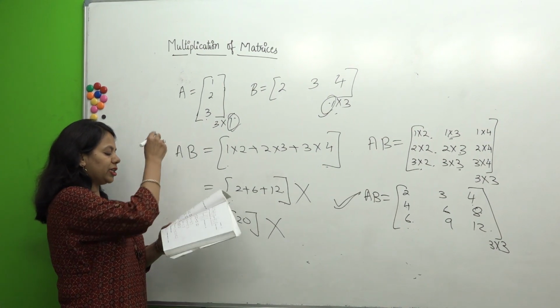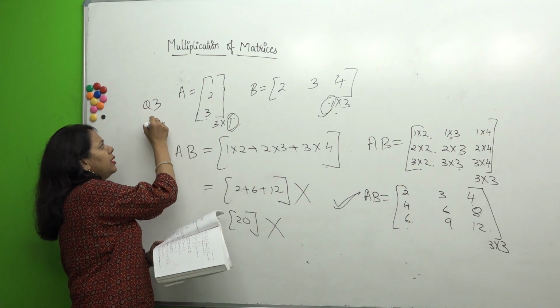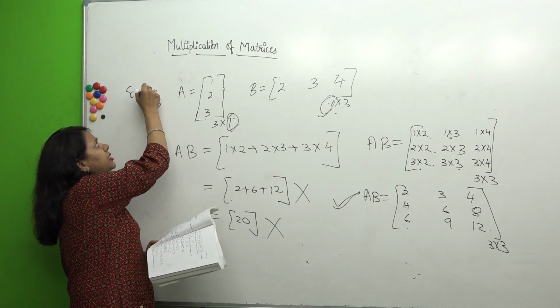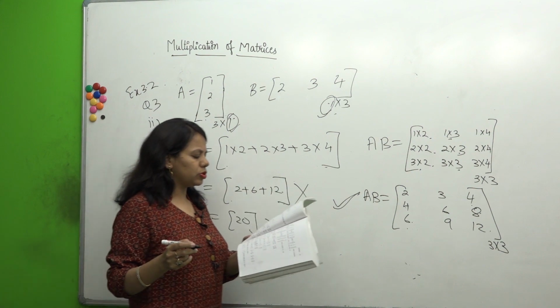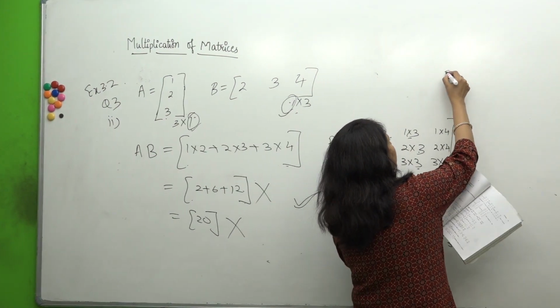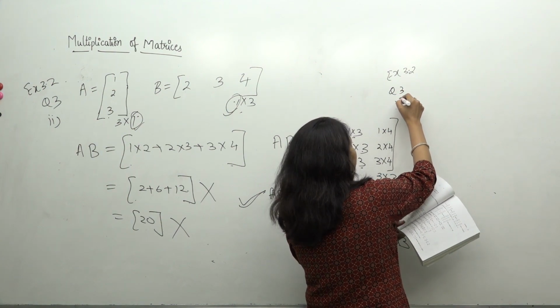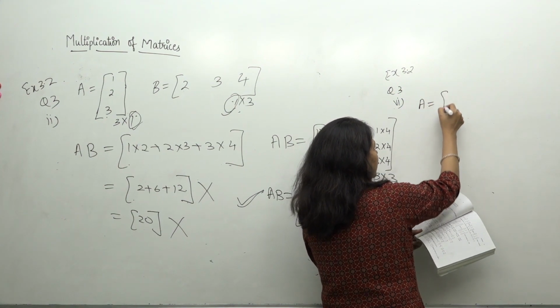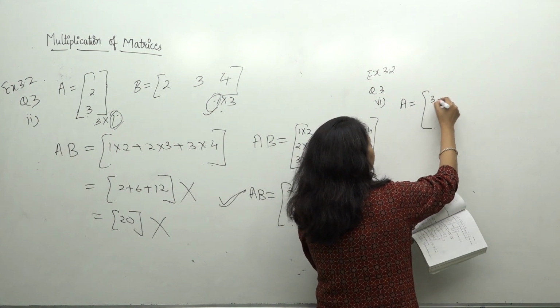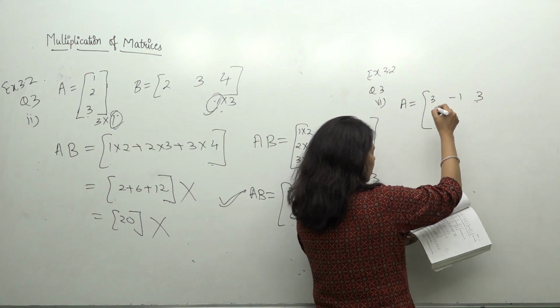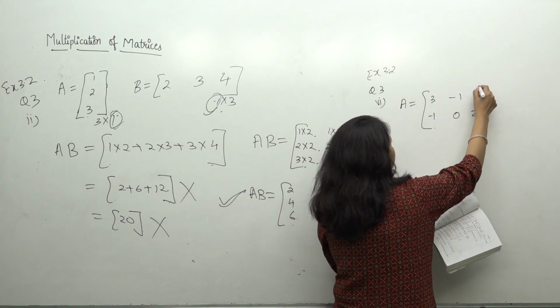This was question 3, second part, exercise 3.2. Now, suppose I take up exercise 3.2, same question, question 3, the sixth part. Now, I have a matrix A as 3, minus 1, 3, minus 1, 0 and 2.